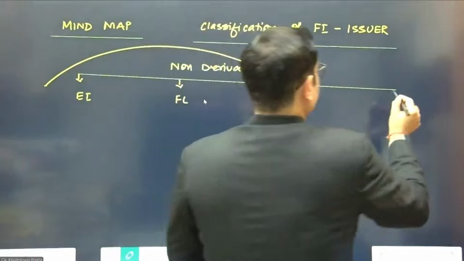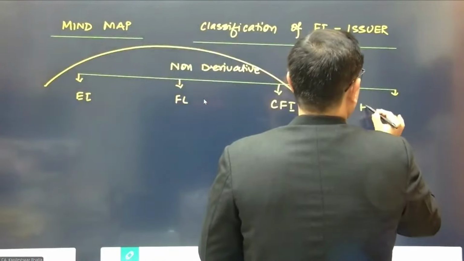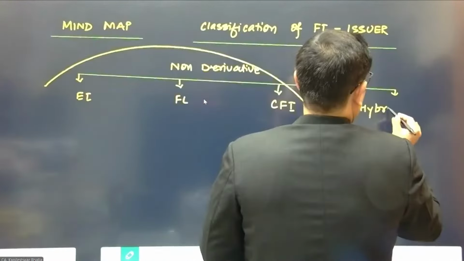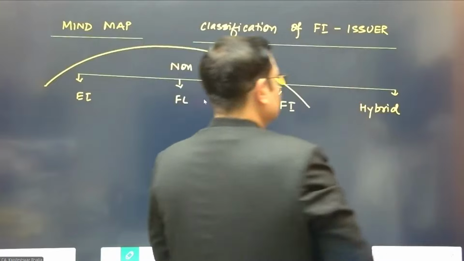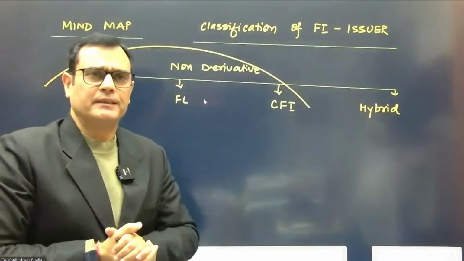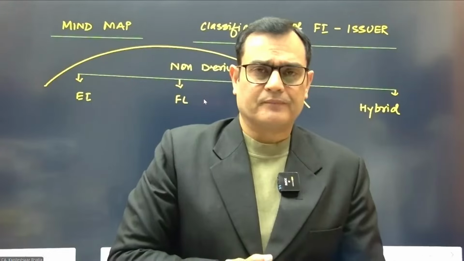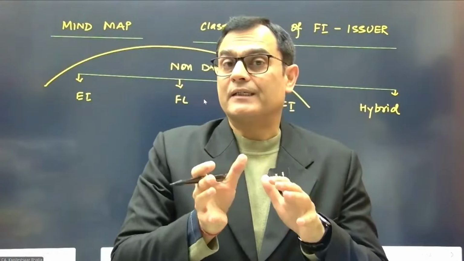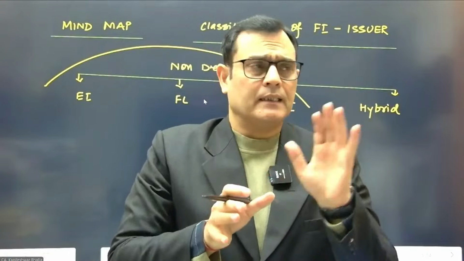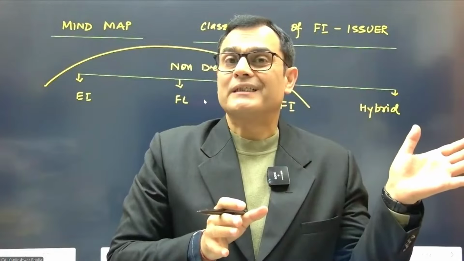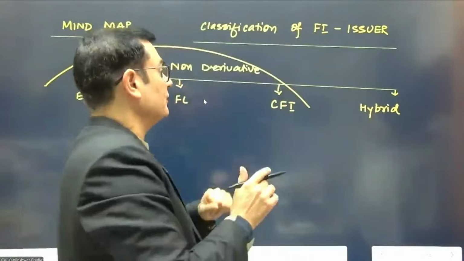And the other one is called a hybrid instrument. And when I say it's a hybrid instrument, I would not say that it is a derivative. I would say it's a derivative and a non-derivative combined. I'm not putting in this list a pure derivative as such. You can if you want.